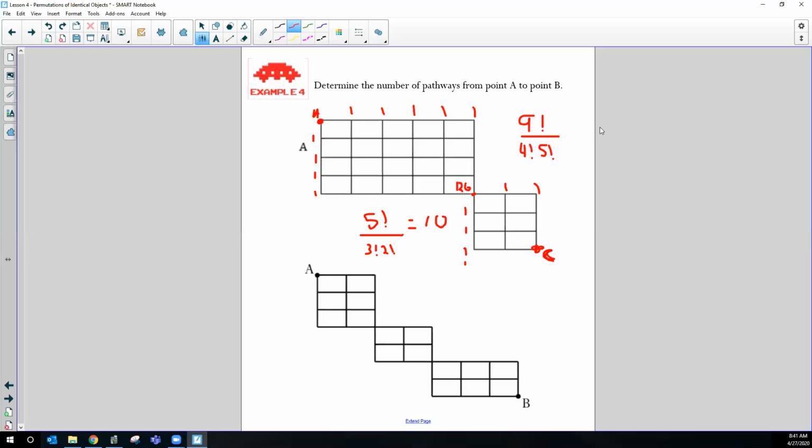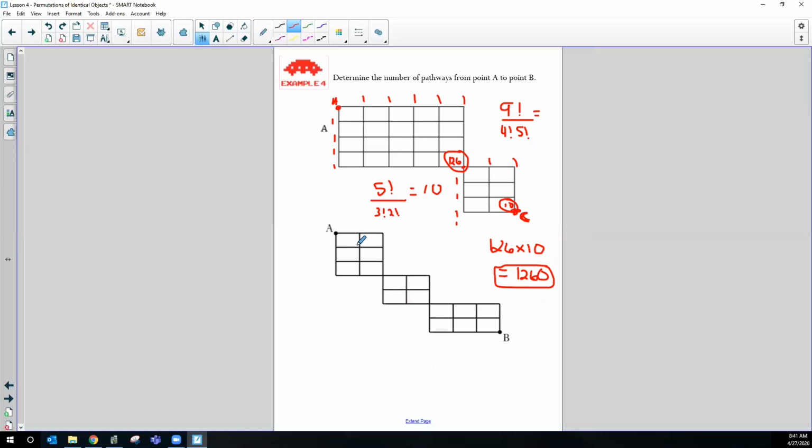And then you would take this number times it by that number, so 126 times 10 is equal to 1,260. So there are 1,260 ways of getting from A to C. Now, if you tried to do that by just drawing lines, you'd be there all day.